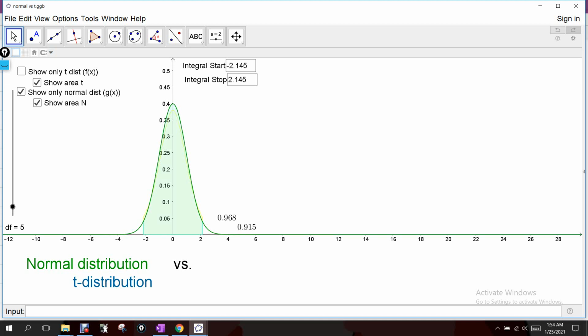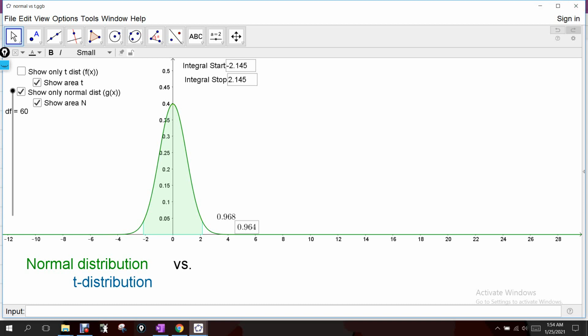That's a 5% difference. Okay, but as we increase our degrees of freedom, so our sample size is getting larger and larger and larger, we start to see that this number here, which is the area under the t-distribution, starts to merge or migrate towards the area underneath the normal distribution. And that is no longer a huge discrepancy in regards to probability.